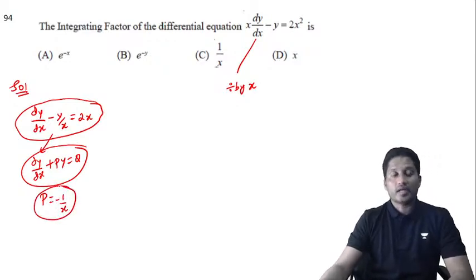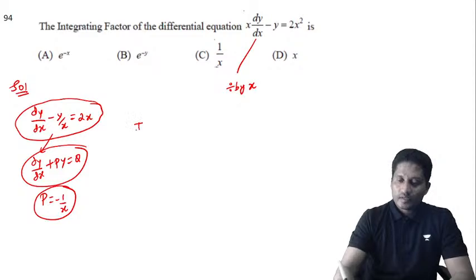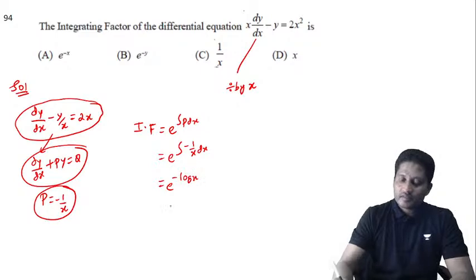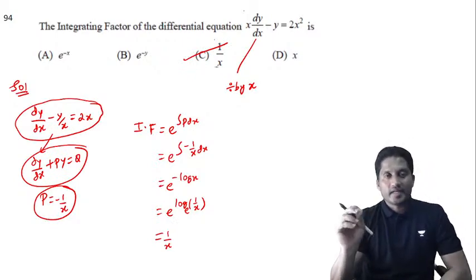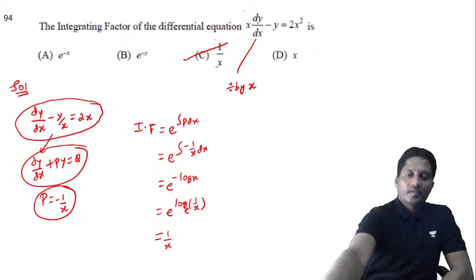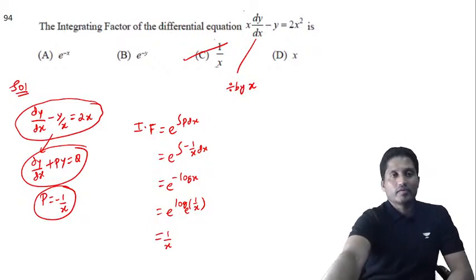I want only the integrating factor. Integrating factor is equal to e power integration of P dx, e power integration of minus 1 by x dx. So e to the power of minus log x. Minus log x can be written as log 1 by x. e power log x is x only, e power log 1 by x is 1 by x. Answer is option C. Right? Yes, Sagar, right. So for the integrating factor, just find out what the IF is. If they ask you for the solution, you should do the complete working as you do in the boards.